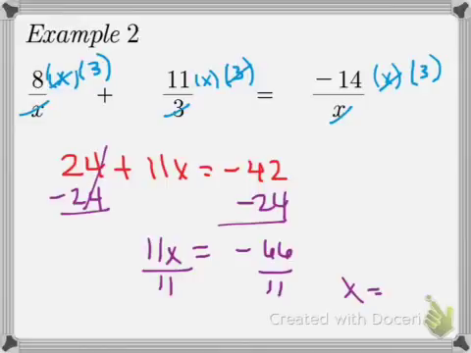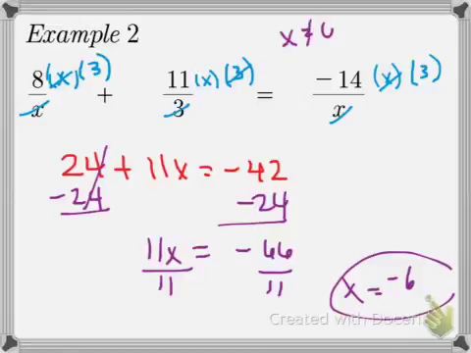Before I say that that's my answer, I forgot to look up here earlier and determine what x was not allowed to equal. Because x was on bottom, that means that x was not allowed to equal 0. So since our answer wasn't 0, this actually is a solution and we're done. Our final answer is x equals negative 6.